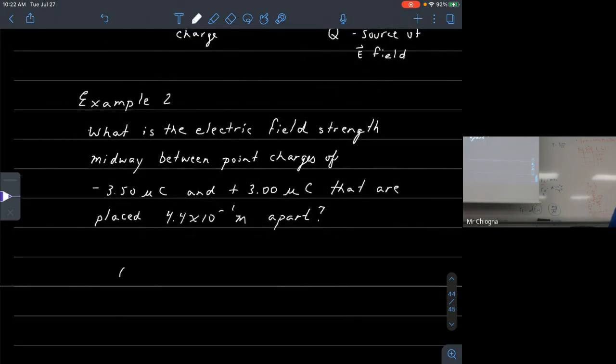Okay, here's a drawing. You can see automatically I just drew a circle, so that means this is applicable. If you can use it, use it. This is the equation you're going to use. That's one source, my Q1. It's negative. Midway is 2.2.